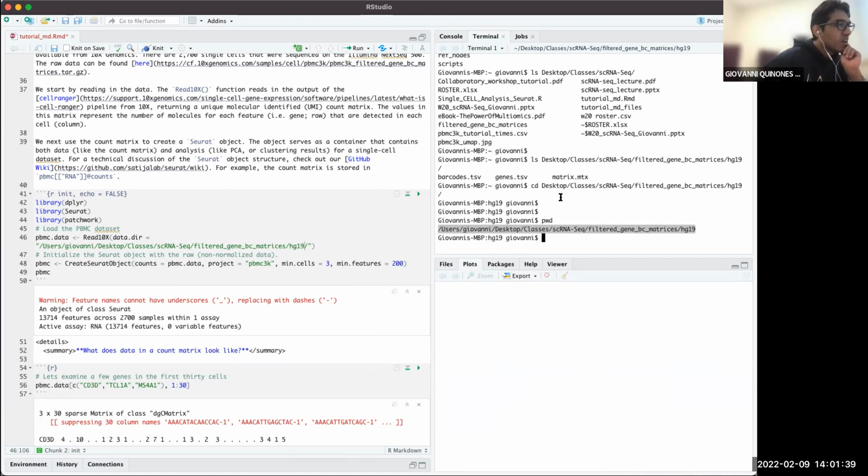This is one way if you have some knowledge of the Linux command line. On a Mac computer, I think if you right-click the file, it should show you. Let me double check that one.